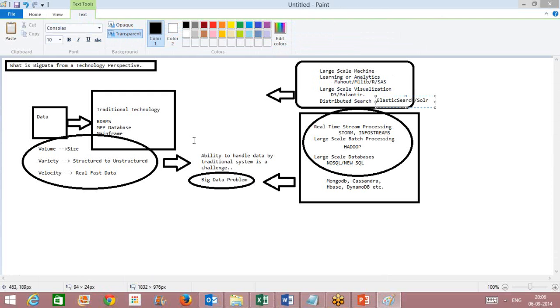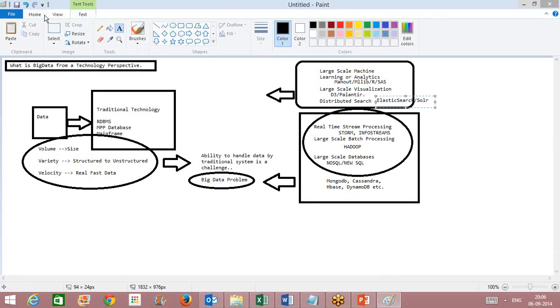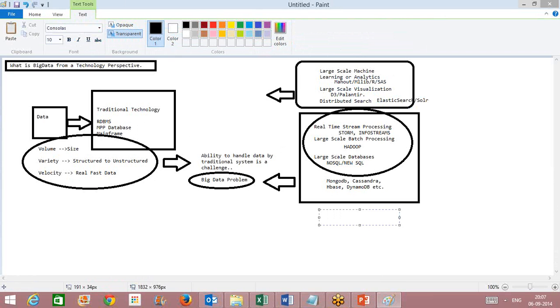So this is the landscape of what we are talking about in big data. These are the technologies which help you solve the volume, velocity, variety problem when traditional systems are not able to handle it, and those technologies are known as big data technologies.